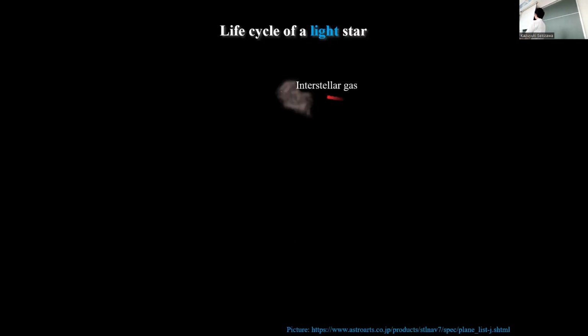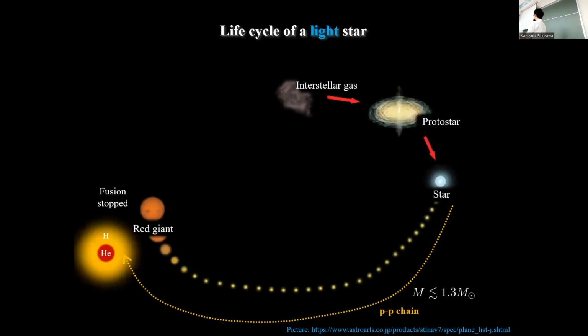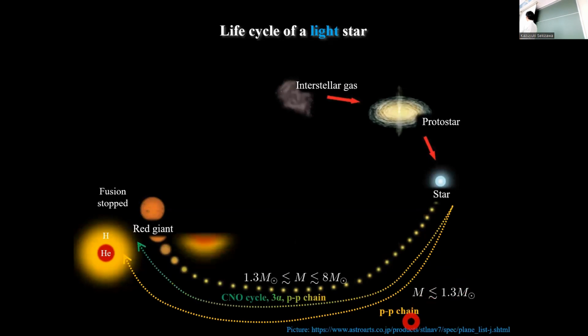So anyhow, this is the life cycle of a light star. Interstellar gas is gravitationally accumulated, and at some point a star is formed. Then inside the star, we have a chain of reactions like the PP chain. In the case of a more massive star, we have more fusion reactions, like carbon and oxygen formation through the CNO cycle and triple alpha reactions.